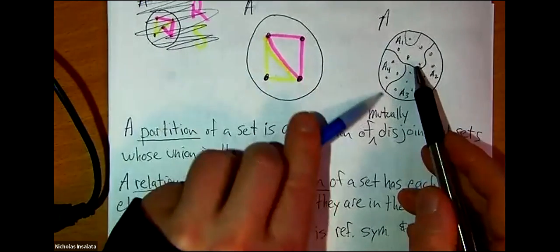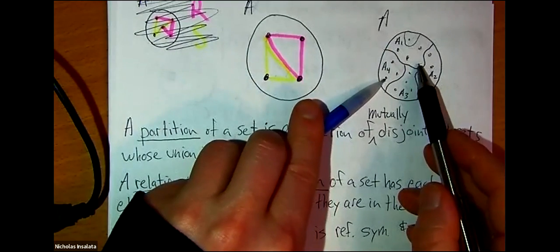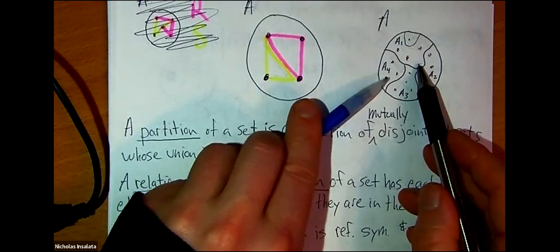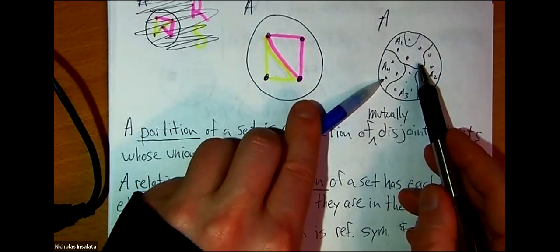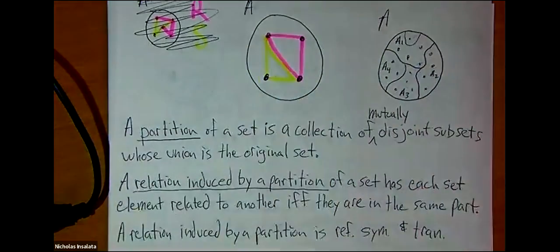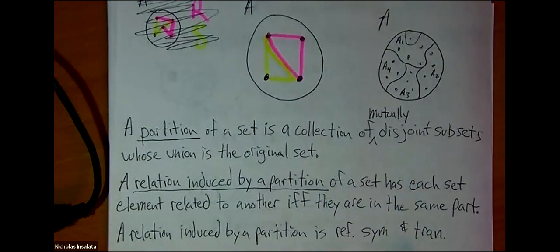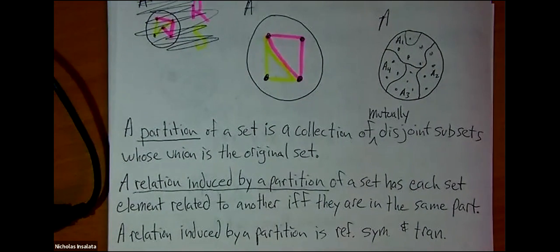If two elements are not in the same part, and this is the first one and this is the second one, then you can look at this one versus this one, change the order. They're still not in the same part. Okay, how about transitive? Pretty much the same story, just add a third element.